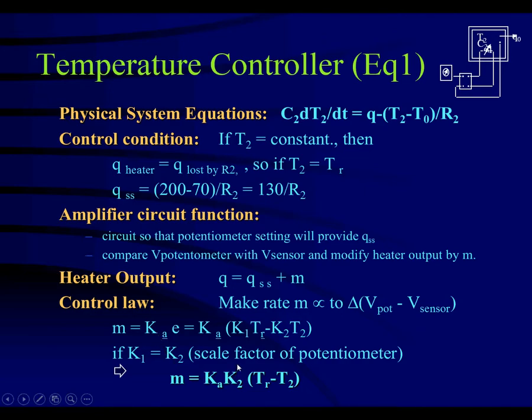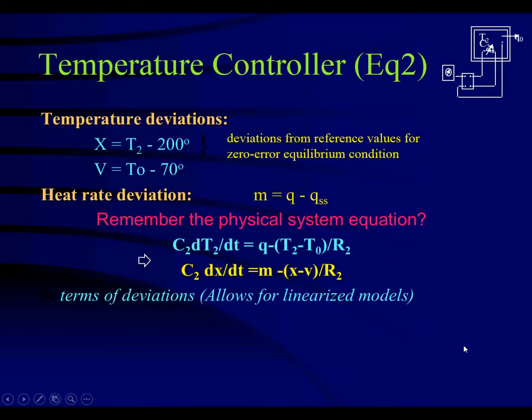K1 and K sub 2 are the scale factors of the potentiometer, and M is going to be the heat necessary to control this. If you have a temperature deviation, T2 is 200 degrees and T0 is 70 degrees. So you can see that you make the difference. You say the error is Q minus Q of steady state.